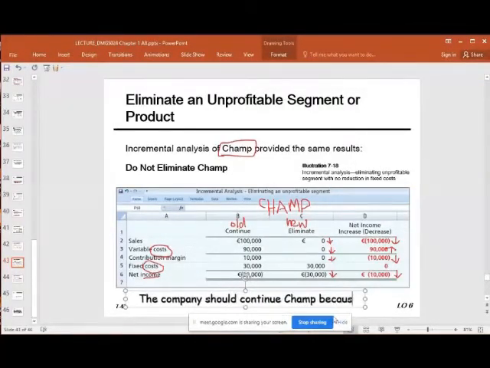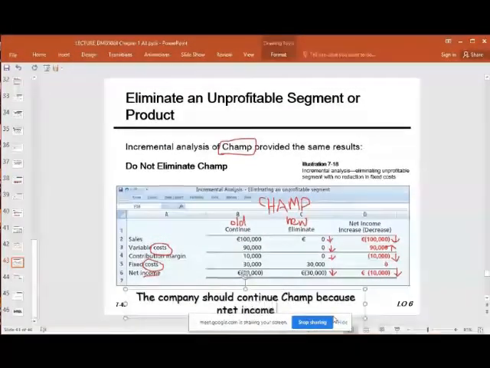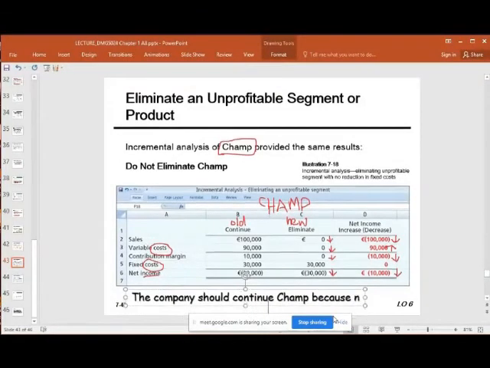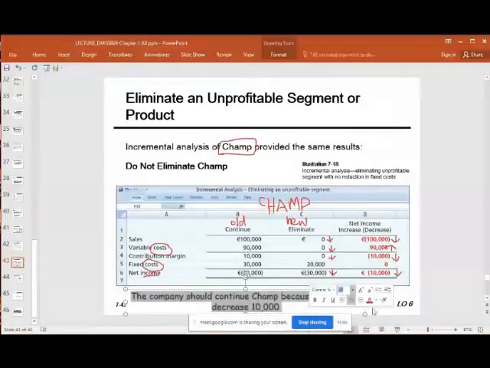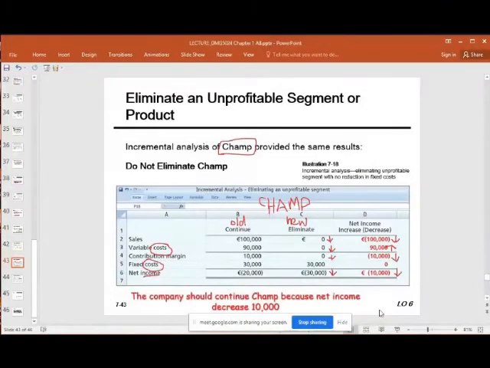Because net income decreases by 10,000. Okay, can you see this one? The company should continue CHAM because net income decreases by 10,000. Negative.